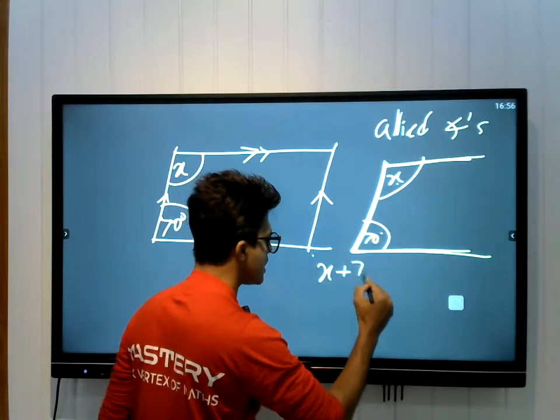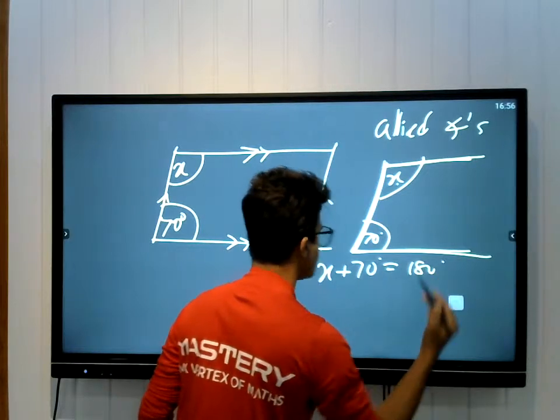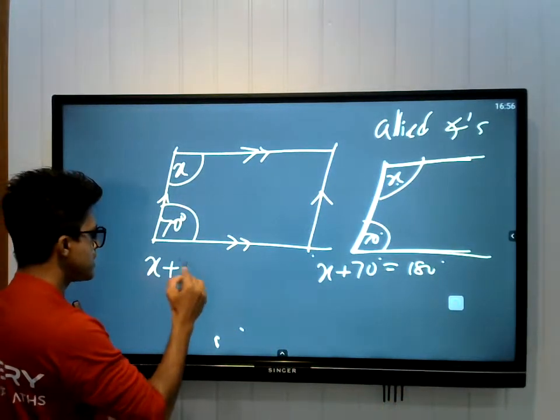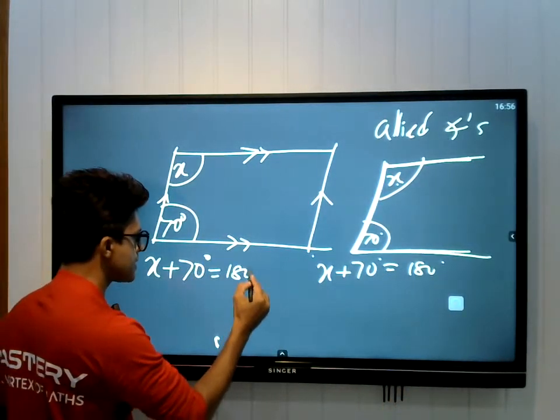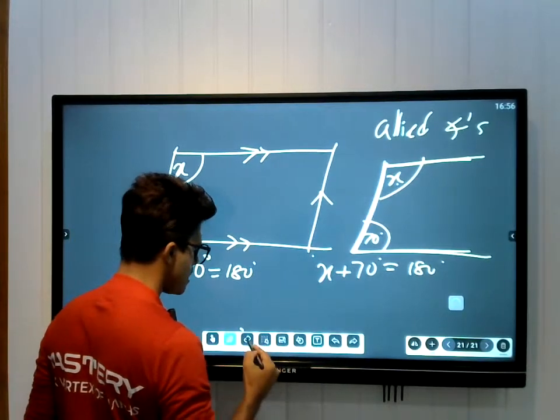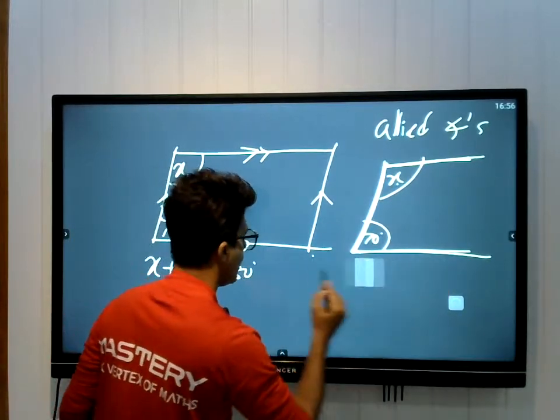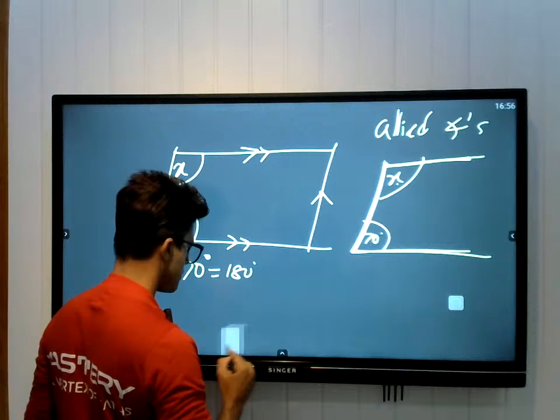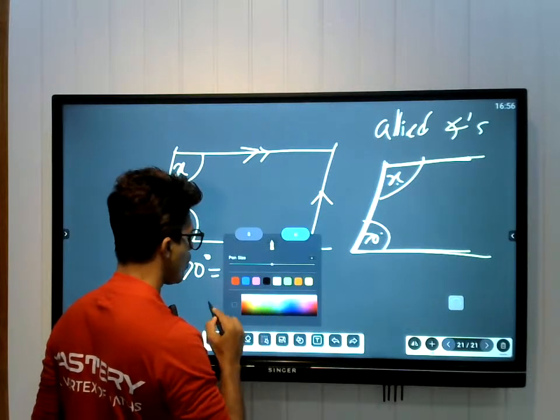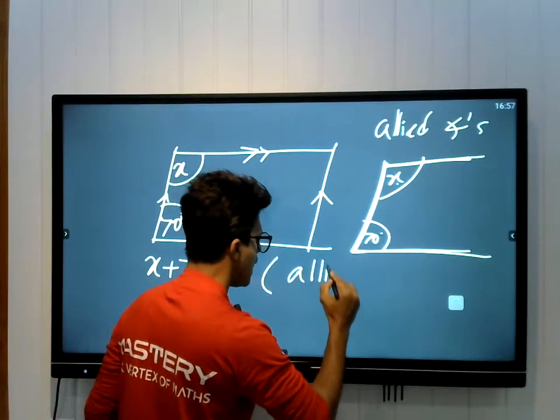So x plus 70 equals 180 degrees. Mention in the brackets: allied angles.